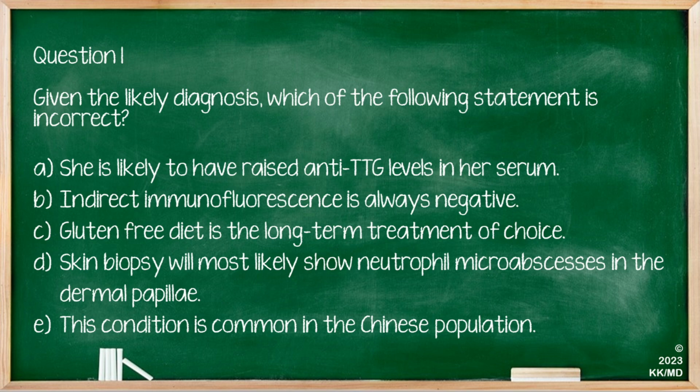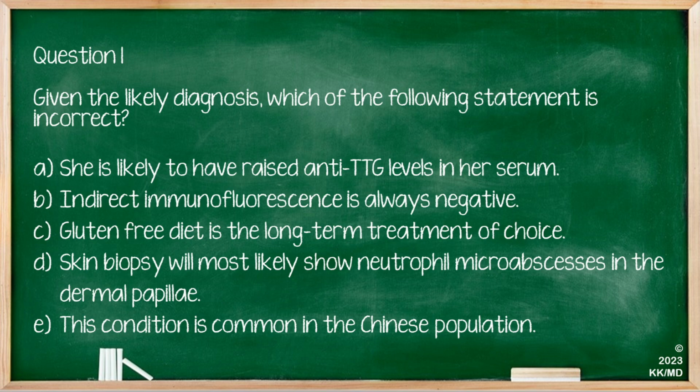She's presented with not only an intensely itchy, small blistering disease over her extensor surfaces of elbows and knees, but also a 6-month history of intermittent abdominal pain. This makes you think about the possibility of celiac disease, and then hopefully getting the diagnosis of dermatitis herpetiformis is a bit easier.